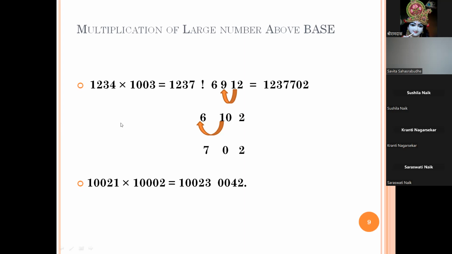See, 2, 3, 4 into 3. You can do 3 into 2 is 6, 3 into 3 is 9, 3 into 4 is 12. We just adjust it. It doesn't matter. It's just for explanation purposes so that you remember it quickly. Otherwise, ideally, you should be doing it from left to right only.